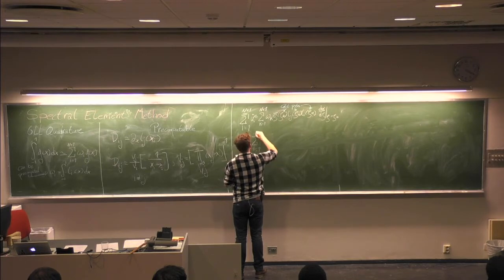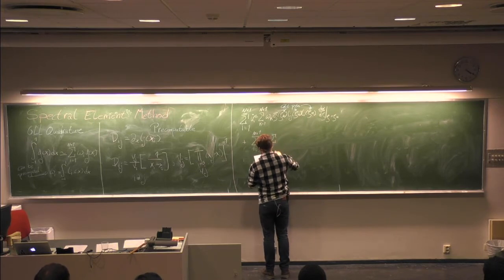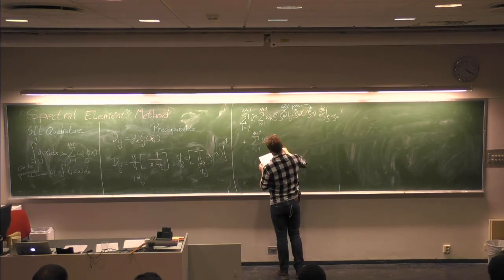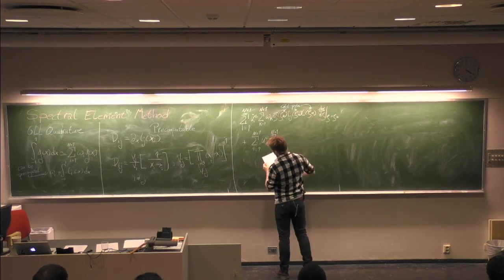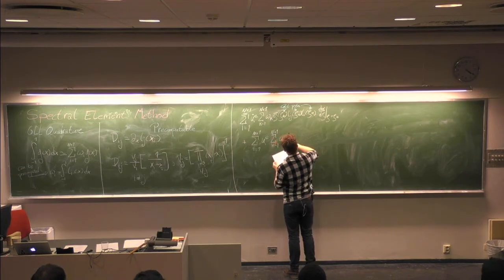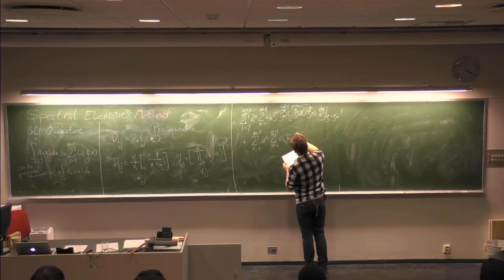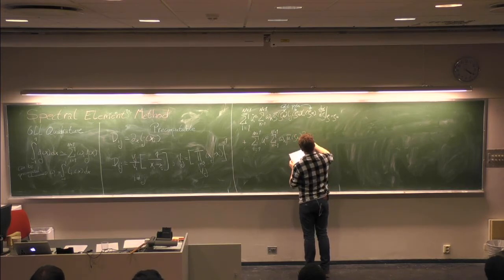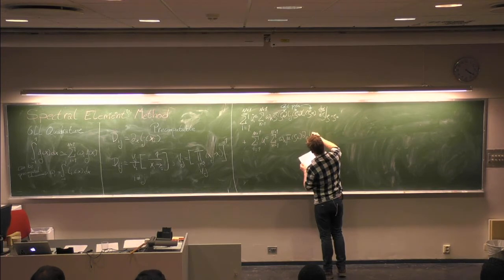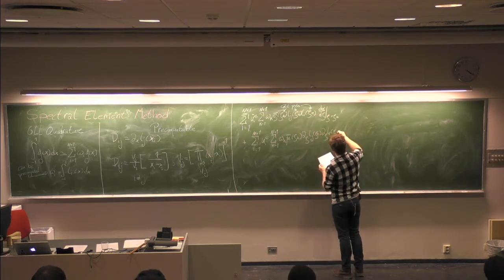Again, the next one, you've seen this before: the sum over k equals 1 up to the number of basis functions you have, of the weight of k, mu bar of xi_k, the derivative of L_j at xi_k, times the derivative of L_i at xi_k.